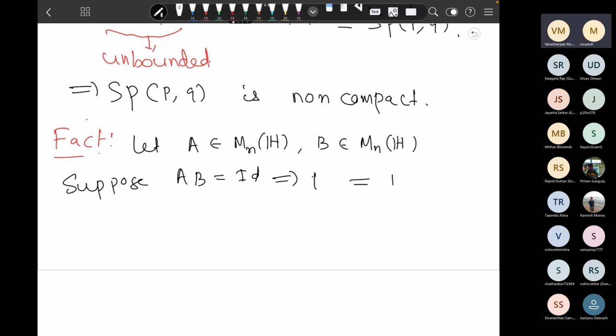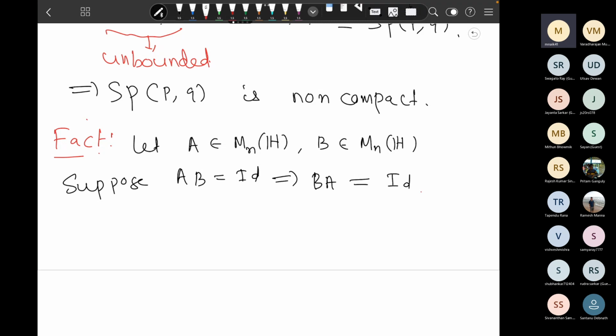In the finite dimensional case, this is clear. But in the infinite dimensional case, this result is not true. So you should not rush into the conclusion that BA should be identity. It is true that BA is identity, but you have to be very careful, because it is not a vector space over a field. It is a vector space over the C field. Whenever there is ambiguity, you always use that embedding map Z.